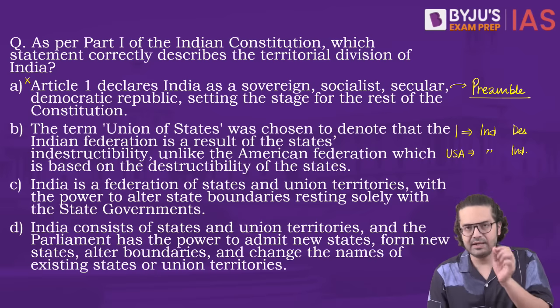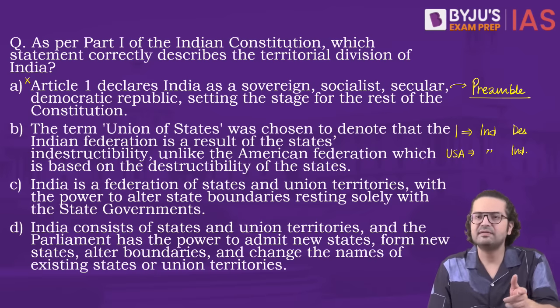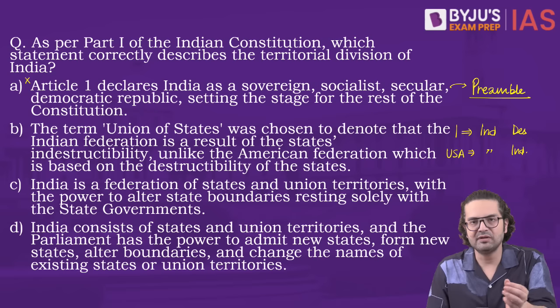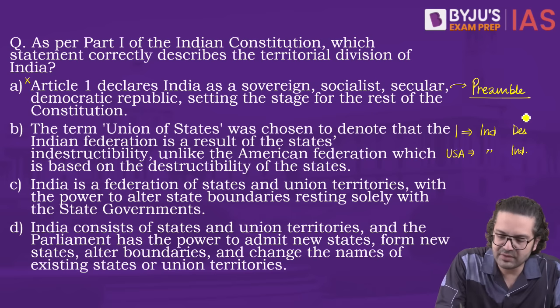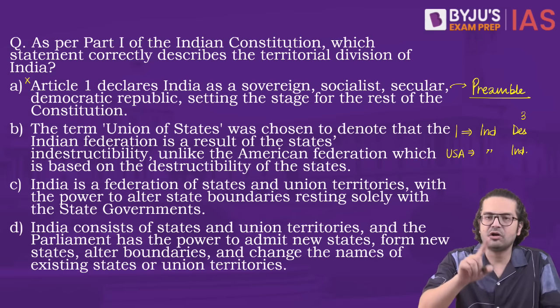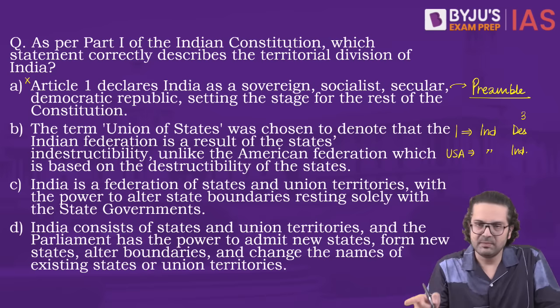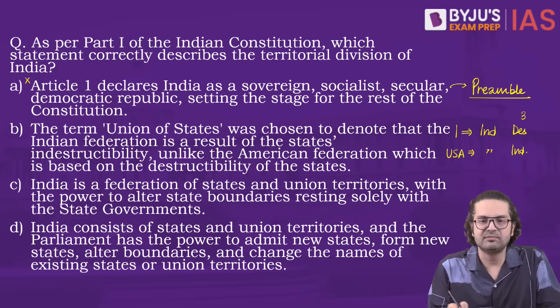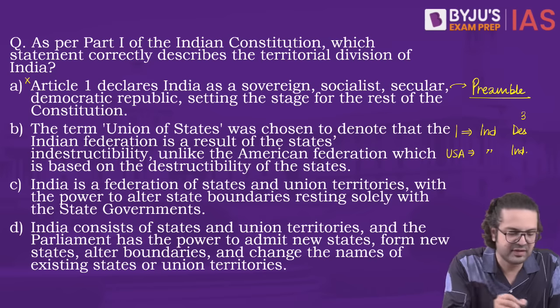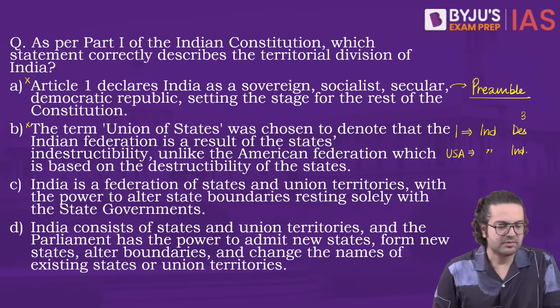Meaning what? In India, the state's boundaries can be destroyed by the center without the state's approval also. Article 3. This, however, is not possible in USA, because in USA to modify states' boundaries, states' approval is mandatory. Okay, so this is the case. This is wrong.